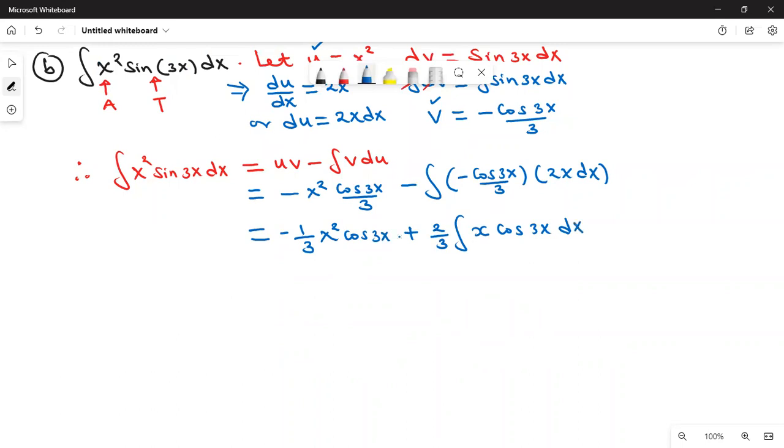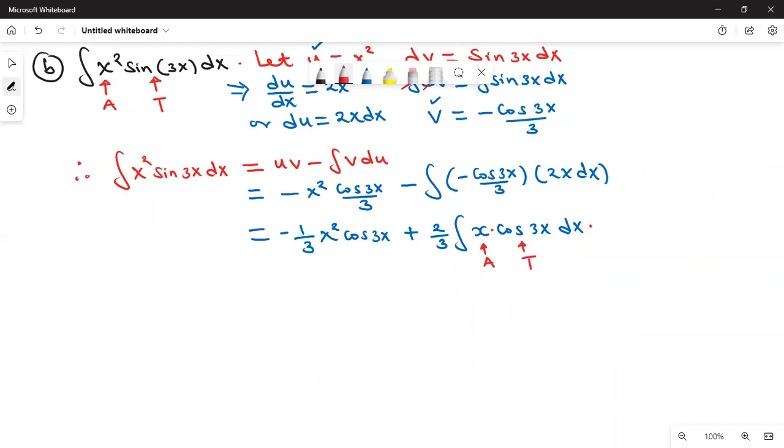That's what we have. Again, you realize that for us to integrate the integral on the right-hand side, I can still see there's a product of two functions of x. Here, x is algebraic, and cosine of 3x is trigonometric.